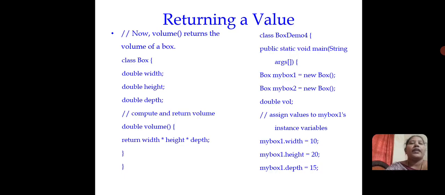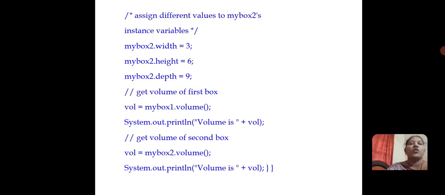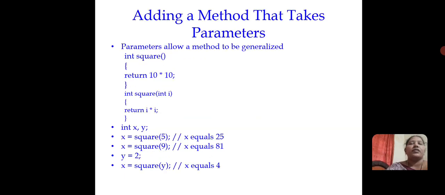You are assigning the values mybox1.width, mybox1.height and mybox1.depth. Similarly, you are assigning the second object also, and after calling mybox1.volume you are printing it, "Volume is" vol. After calling mybox2.volume, again you are printing it. Since the values are returned, you have to print them here in the main. So this is how you use it.